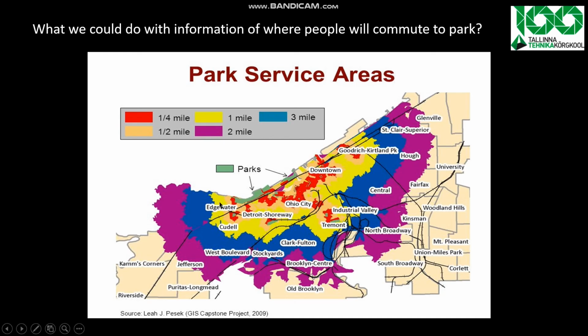We set different distances from the park and made them with different colors, so that when we know how much people would like to walk, we would understand how far away people will come to this park or another park.